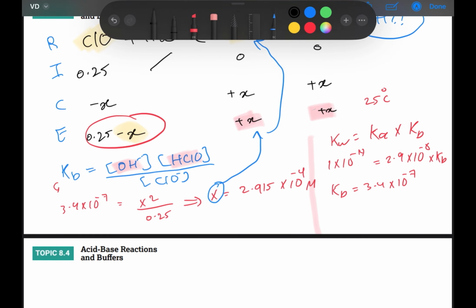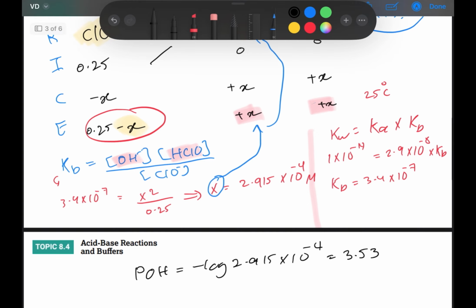The pOH is equal to negative log of 2.915 times 10 to the power negative 4, which equals 3.53. To calculate the pH, it's 14 minus the pOH, 3.53, which is almost 10.47. So this is how to calculate the pH of the solution at which the acid and base amounts are equal.